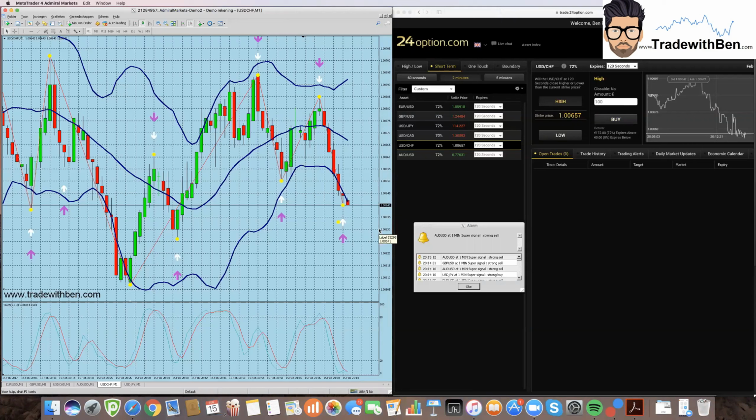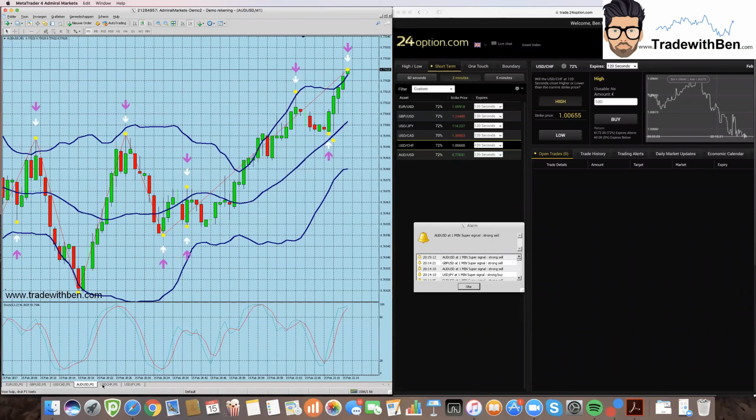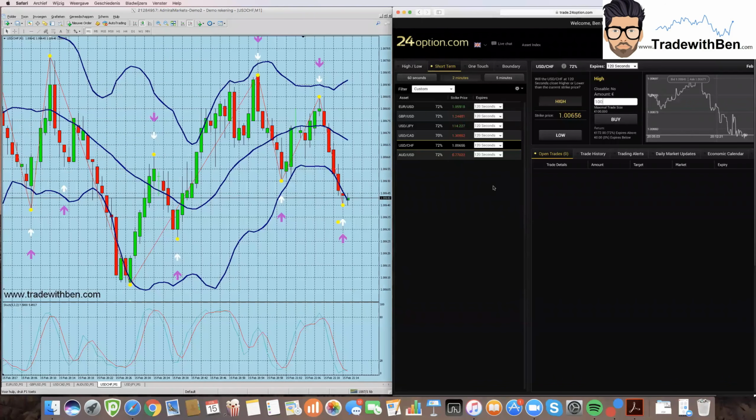Let's see, guys, because there's a trade coming up as well. Over here and over here. So this one is a reverse. I'm waiting for the second candle. Let's wait, guys.